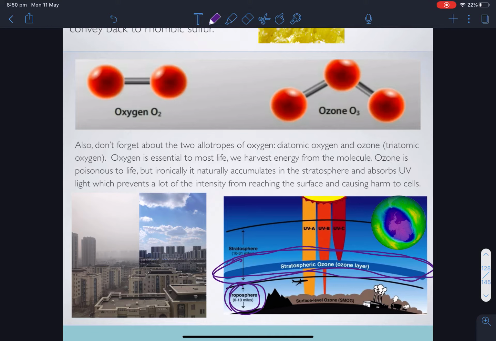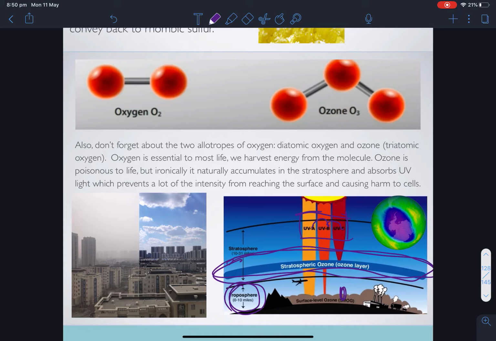And what it ends up doing is blocking UV rays from the sun. And there are 3 different UV type rays, and they're different wavelengths. So it really blocks the C and the B, but in general, it blocks UV light coming down to the surface. And remember, UV light over a prolonged period of time will deteriorate living cells.